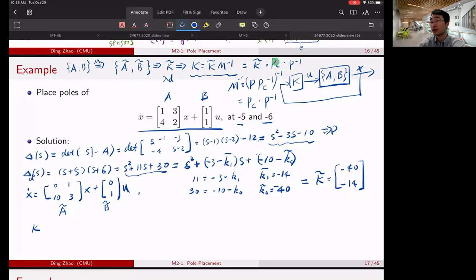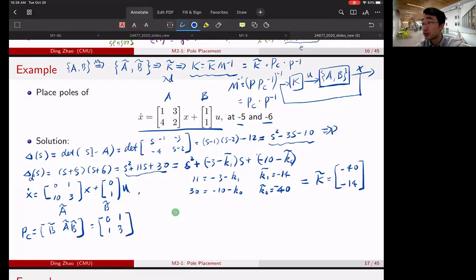PC is the controllability matrix for A tilde and B tilde. So let's compute PC. PC equals B tilde, A tilde B tilde, right? So that's our controllability matrix. So that will be B tilde 0, 1, and A tilde B tilde will be 1 and 3. That's our PC.